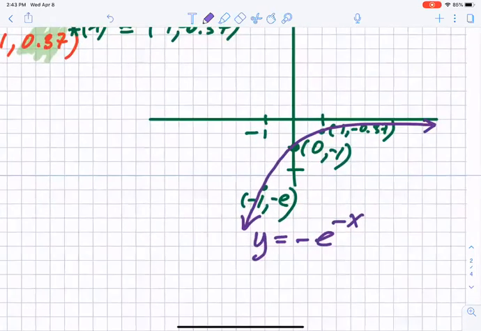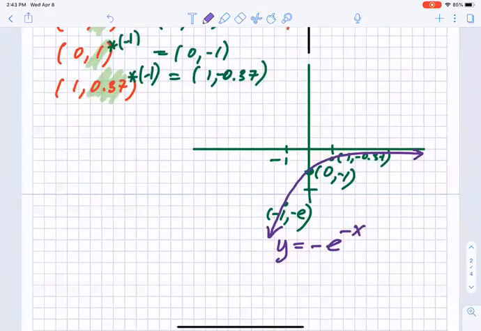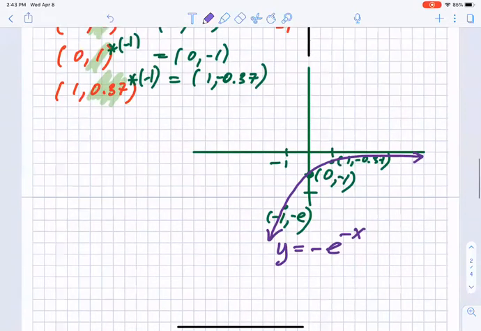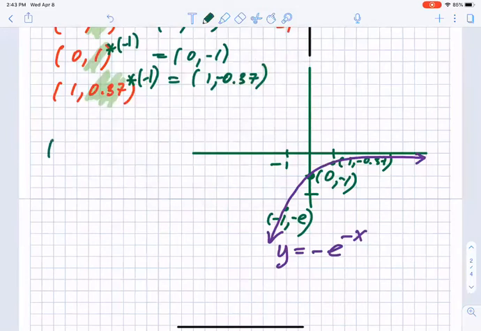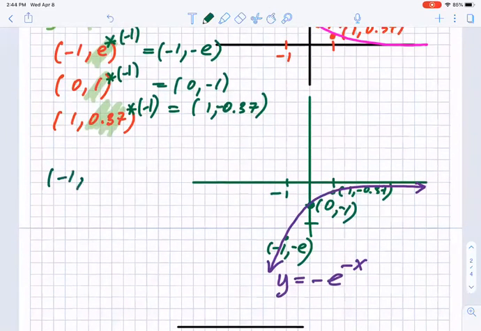As we follow this way, we have the green points from the previous one: -1 and -e, 0 and -1, 1 and -0.37.